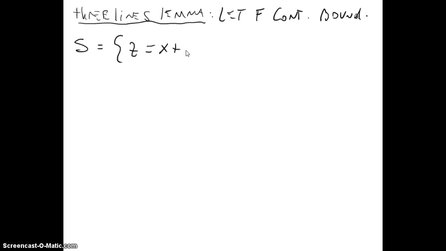Okay, so now let's see the three lines lemma. Let f be a continuous bounded function defined on S, the set of z equals x plus iy with x between 0 and 1.